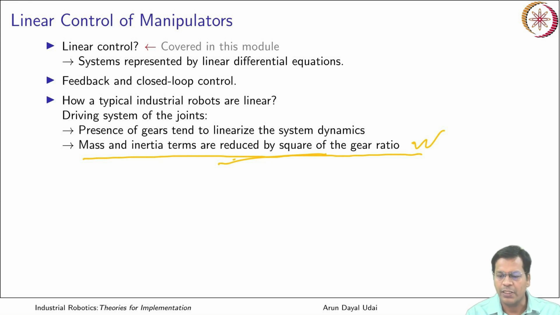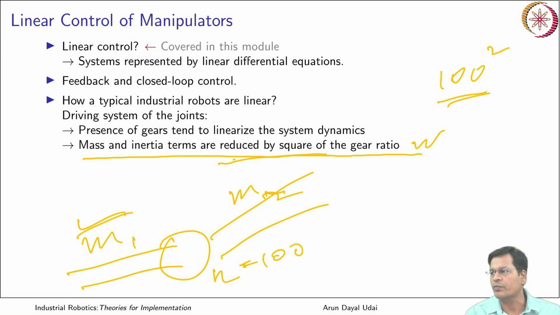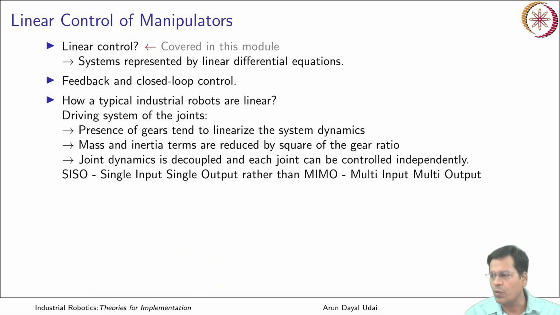So you can imagine, if it is 100 times, you are squaring. So the effective mass that the previous link sees, the effect of mass that comes here, m2, is reduced by 100 squared if the gear ratio is 100. That is what we are going to prove later on also. So doing so, joint dynamics is decoupled.